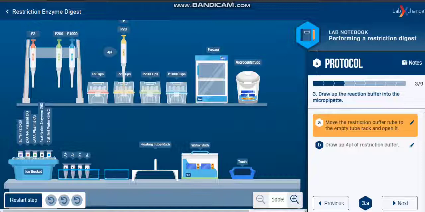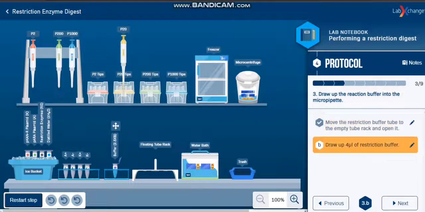For step 3, draw up the reaction buffer into the micropipette. Move the reaction buffer tube to the empty tube rack and open it. Open the buffer and draw up 4 uL of reaction buffer.